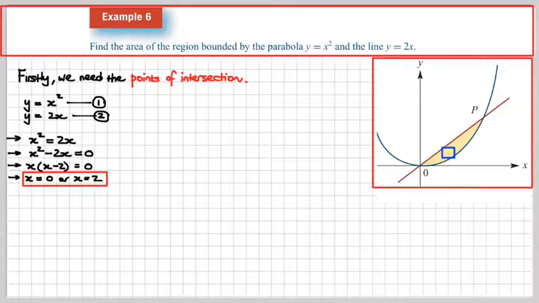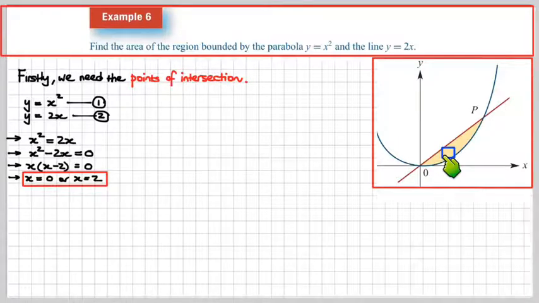So let's have a look over here now. This is what we're doing. This is x is 0. This is x is 2. Now again, I implore you to think of areas of rectangles. That's what makes up any integral.